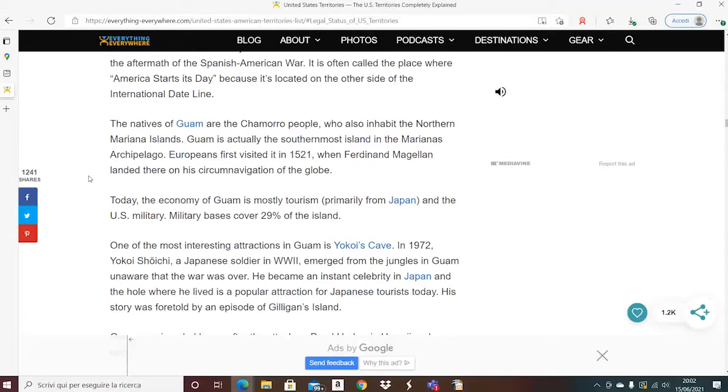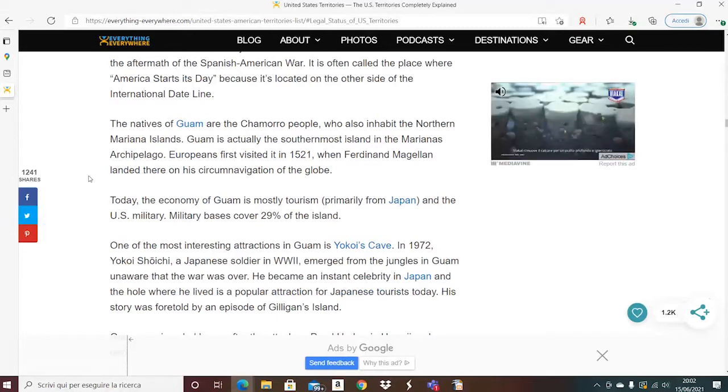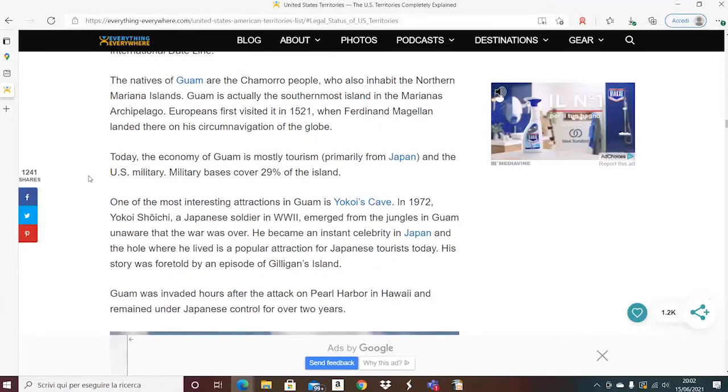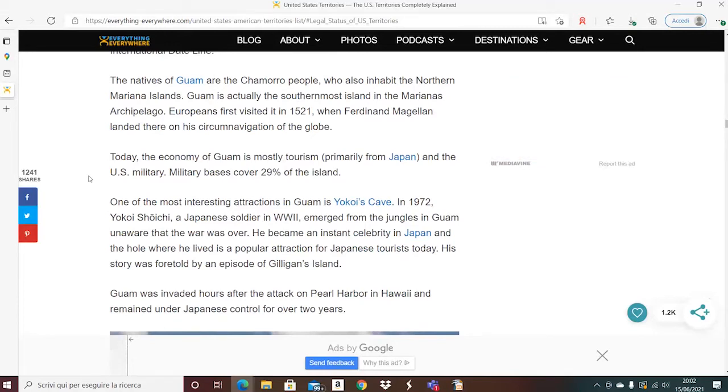One of the most interesting attractions in Guam is Yokoi's Cave. In 1972, Yokoi Shoichi, a Japanese soldier in World War II, emerged from the jungles in Guam unaware that the war was over. Interesting, eh?